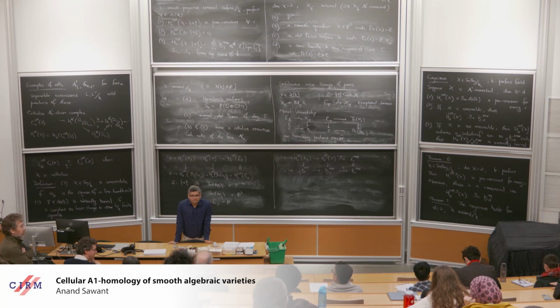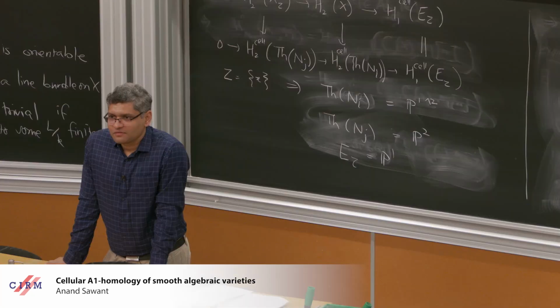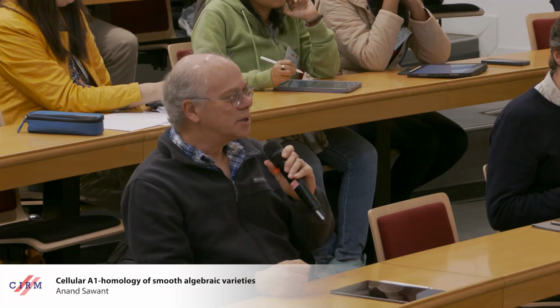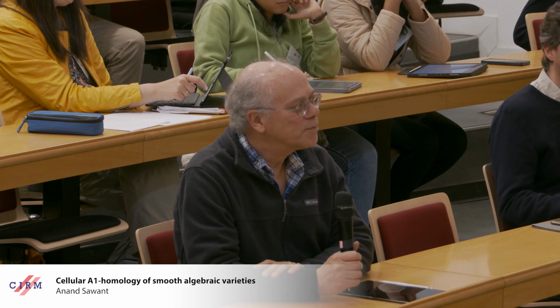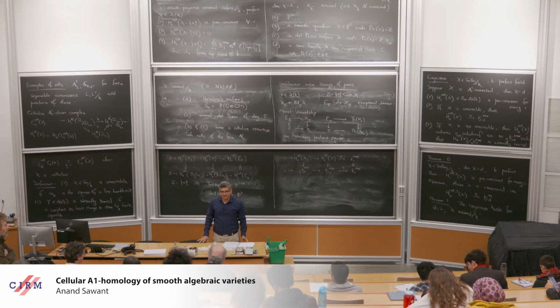So in this case, the H2 cell of X is just the eta torsion, if X is orientable. Yeah. In your conjecture, you just assume it has an eta torsion Milnor-Witt thing as a summand. So for example, if you blow up Spec L inside P2 over K, with L over K a finite separable extension, you get extra stuff.